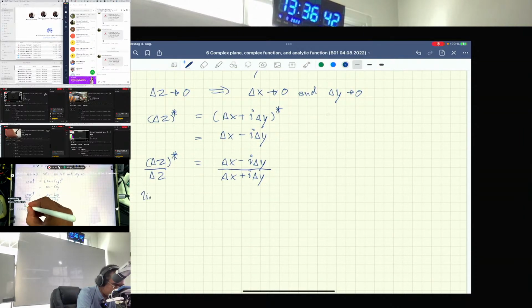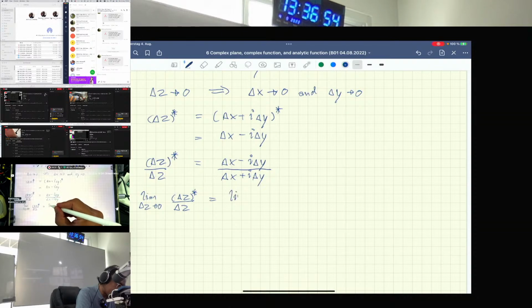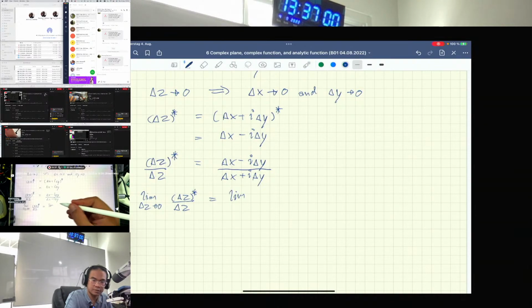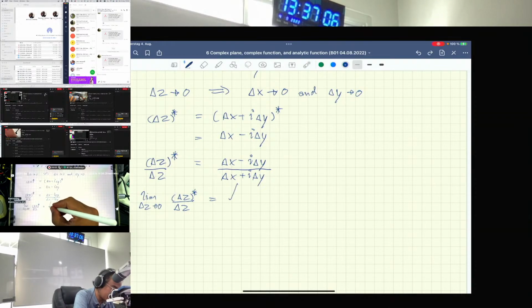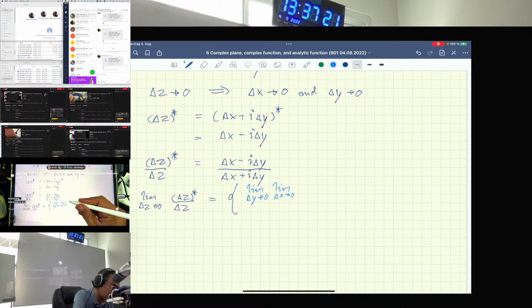So the limit as delta z goes to 0 of delta z star divided by delta z will be the limit of two things. It can be classified into two cases. The first case is limit delta y to 0 and limit delta x to 0 of this ratio here.